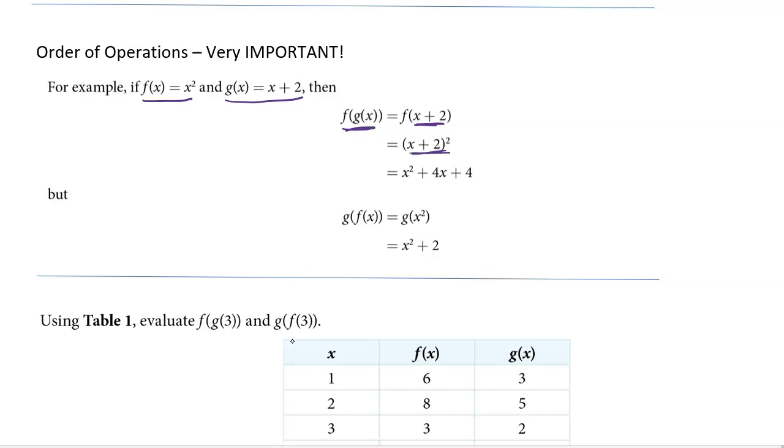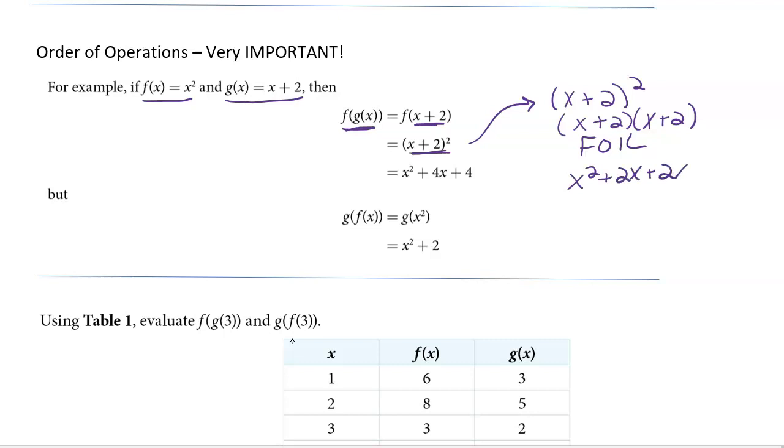Then they're simplifying that. Let me just remind you that x plus 2 squared is x plus 2 times x plus 2. Then you want to FOIL this out, and that'll be x squared plus 2x plus 2x plus 4. And that is x squared plus 4x plus 4. So that is the simplified answer.